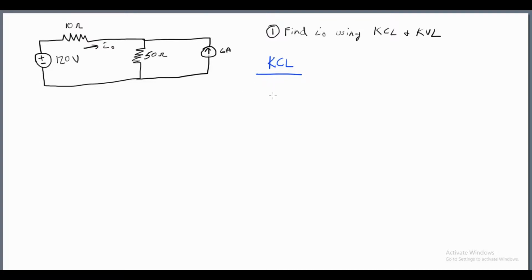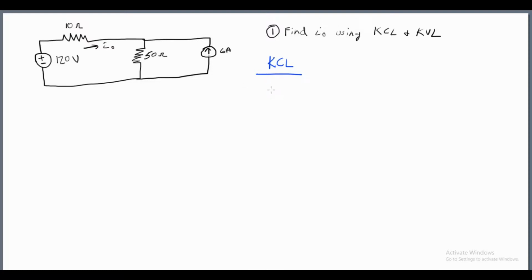The methodology behind KCL basically says that all of the current entering a node must also be leaving the node. Or another way of thinking about it is all of the currents entering the node added up must equal 0. Or all of the currents leaving a node must also be equal to 0 when summed up.